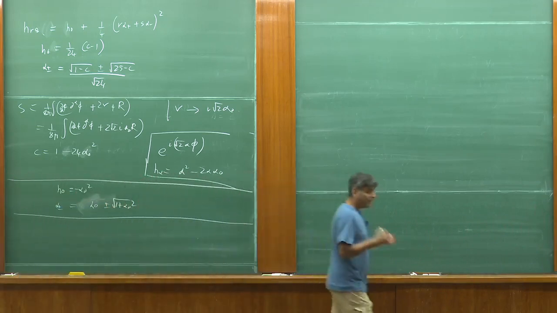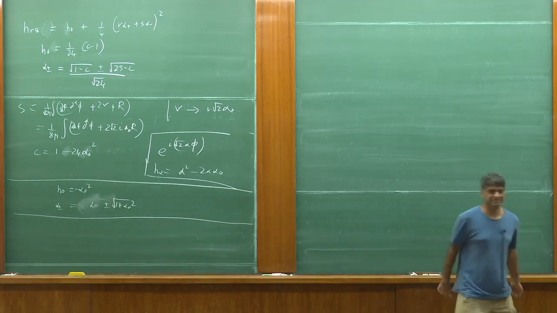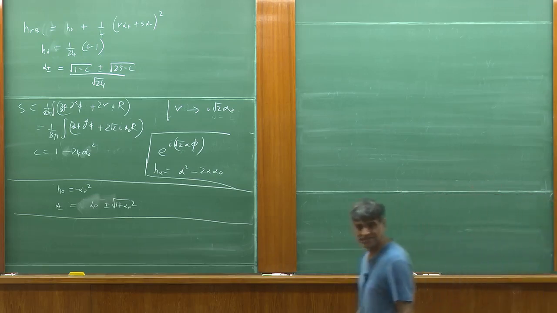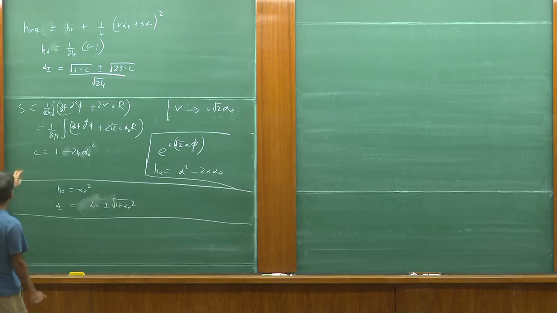Okay, now how are we going to use this theory? You see, the idea was that we're going to try to explicitly construct the minimal models. So what we've managed to do is, we'll soon see where minimality comes in, but at least we've got some explicit construction of theories with central charge less than 1.